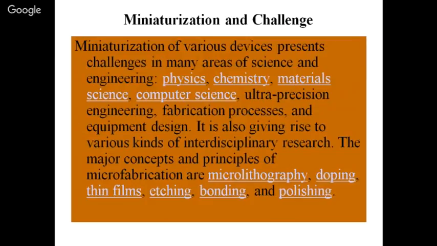So if you fulfill complete bonding, it will become compact and the molecular forces between the molecules will be high, and thereby it will not be destroyed or removed from the surface even after prolonged service of this particular material. So this is an important thing in the challenge of miniaturization production.